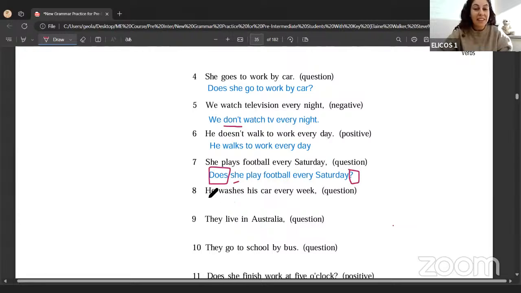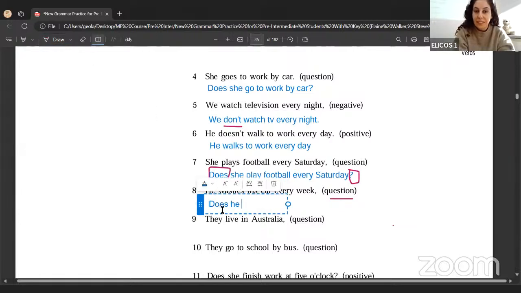Okay, Sarah, we have he washes his car every week. Let's make it a question. Does he wash his car every week?